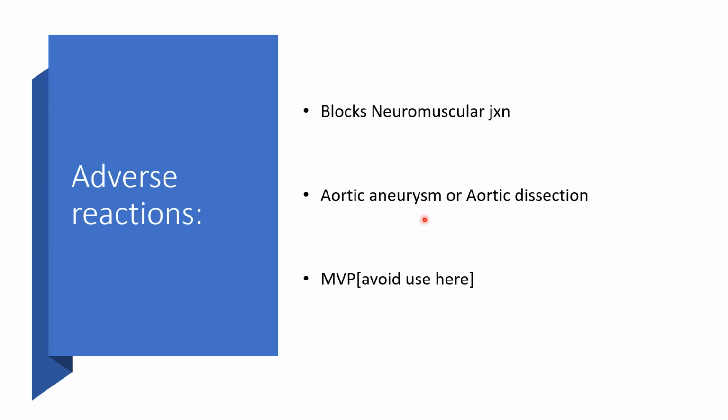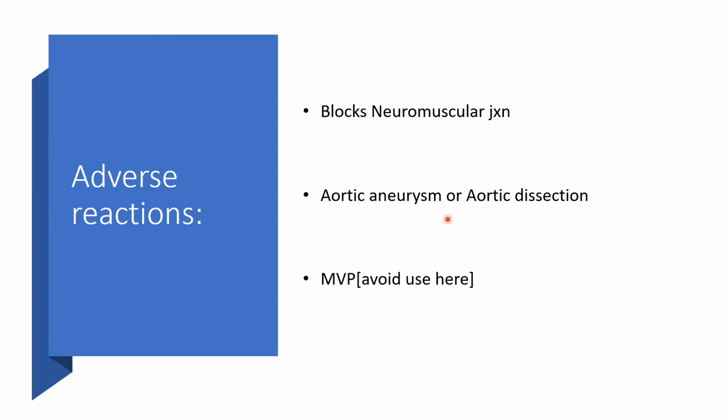In aortic aneurysm or aortic dissection, the risk will actually increase. So if the risk of aortic aneurysm or aortic dissection will be high because the patient is on fluoroquinolones, then you don't give it.